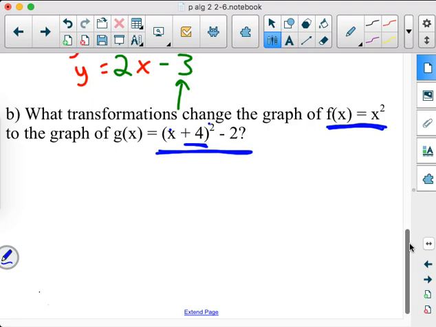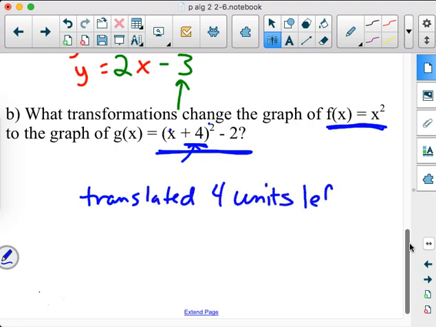And things that are attached to the x are backwards from what we normally think. Plus actually means it's going to the left, and minus means it's going to the right. So if this is a plus 4, that means this was translated 4 units left.